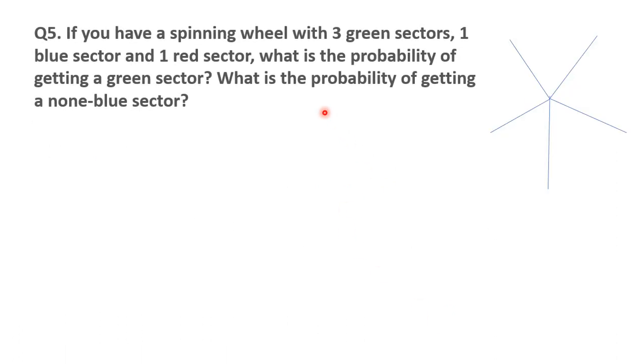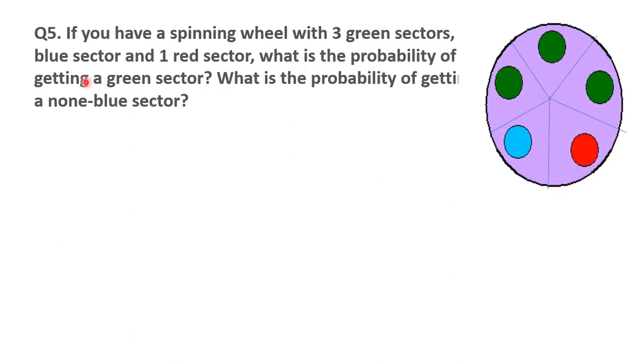Now next, question number 5. If you have a spinning wheel with 3 green sectors, 1 blue sector and 1 red sector, what is the probability of getting a green sector, and what is the probability of getting a non-blue sector?